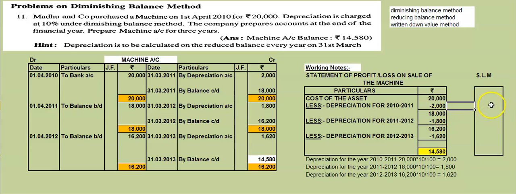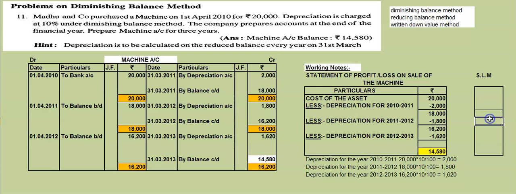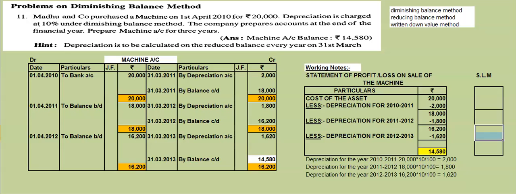Same problem, if you do it under the straight line method, let's see how the values will be shown. Then you will understand the difference in a better way. So always you have to do that calculation in your mind.